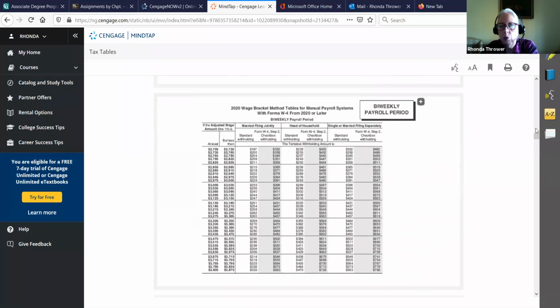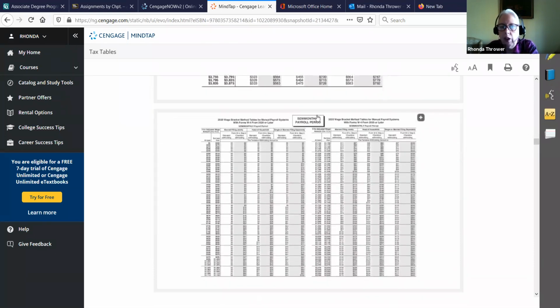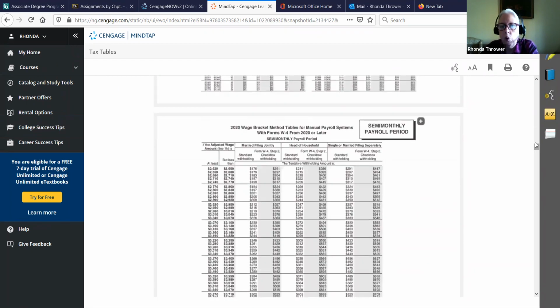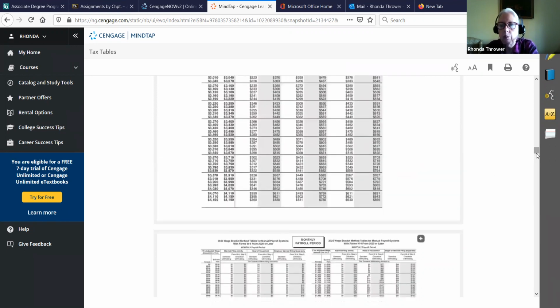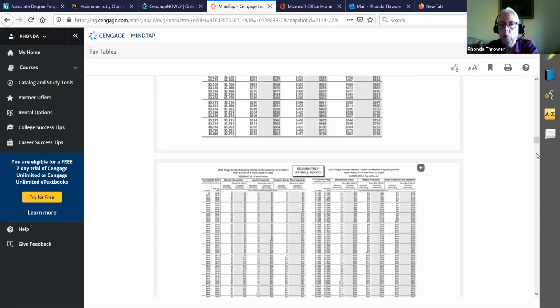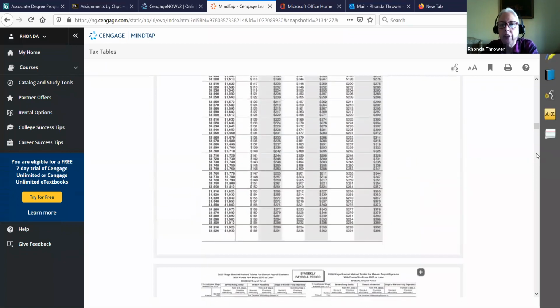Or if the employee was paid semi-monthly, this is the table that we would use for semi-monthly pay periods. Or if the employee was paid monthly, this is the table that we would use monthly. In this problem, the employee was paid weekly. So I'm going to go back to the weekly tables here.